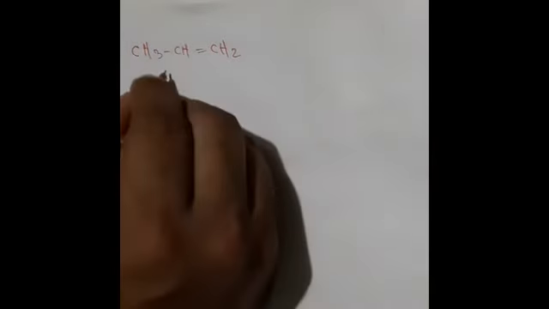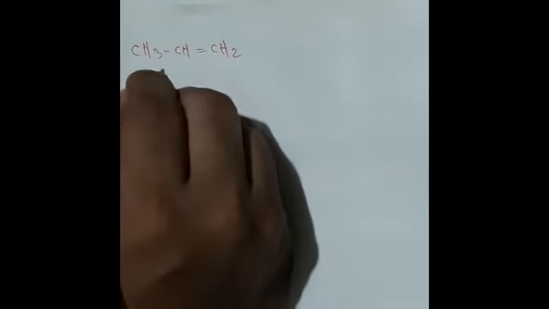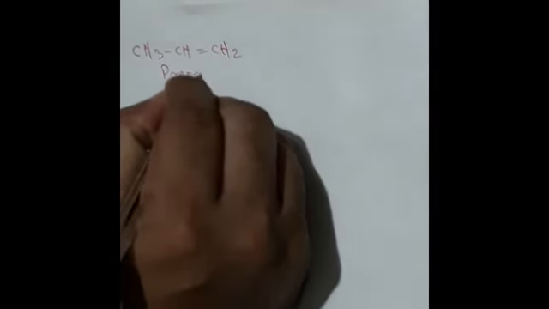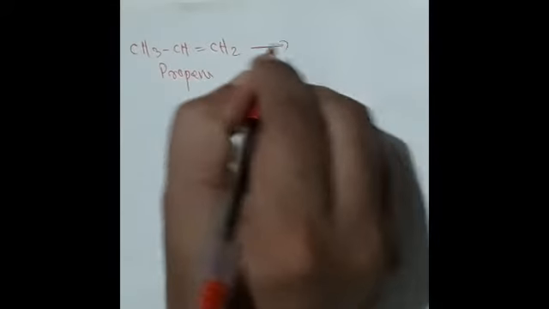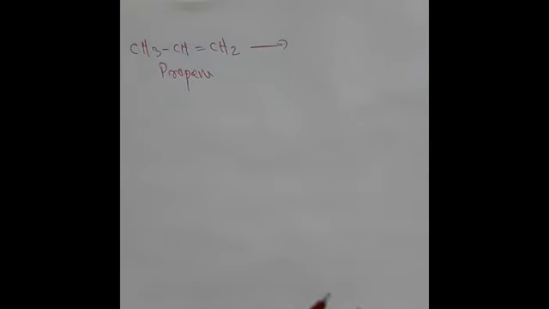So here the question is asking about polypropene. Draw the structural formula of polypropene. CH3CH double bond CH2. This is propene. Propene after polymerization will be polypropene.